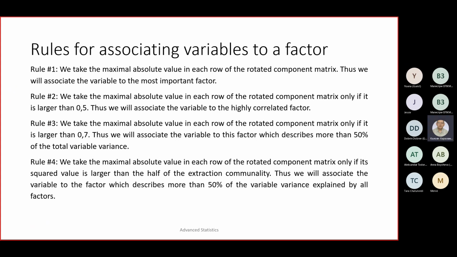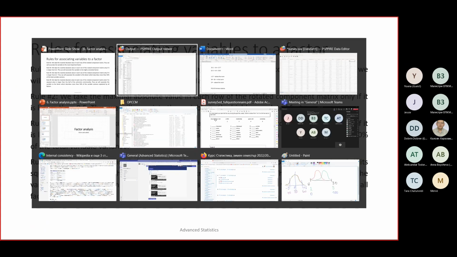Rule number 3. Again, we take the maximum absolute value in each row only if it is larger than 0.7. Why 0.7?